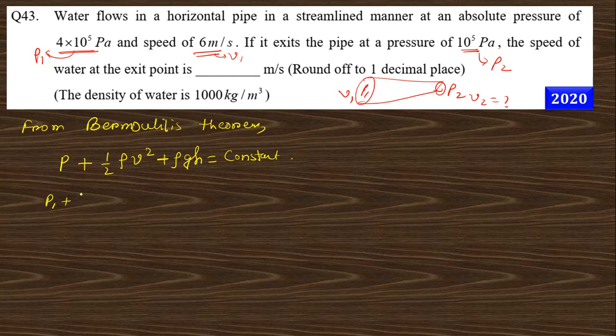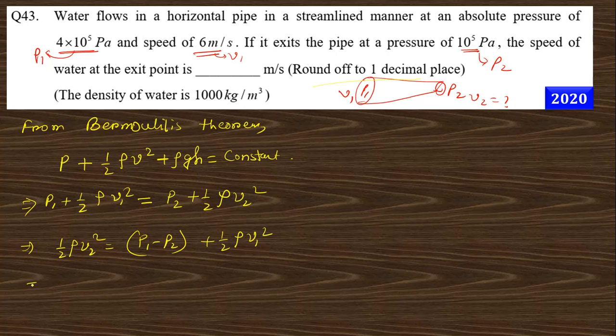So for 1, P1 plus half rho V1 square, since they are horizontal, the potential energy will be the same for these 2 points. That's why we cancel these out. So you can say half rho V2 square is nothing but P1 minus P2 plus half rho V1 square. So V2 square is equal to 2 by rho into P1 minus P2, plus V1 square.